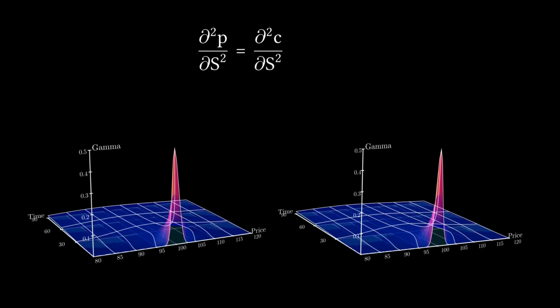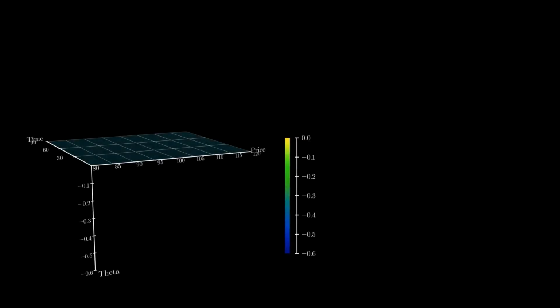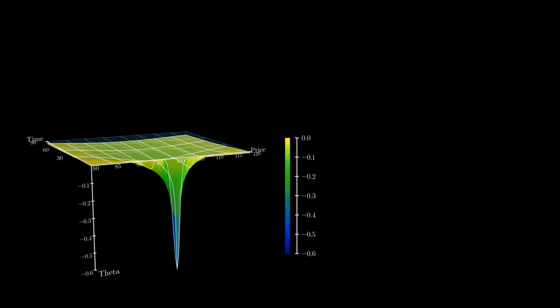Now gamma is not the only option Greek where we see calls and puts being equal to one another. Theta, for example, is a Greek which is mostly the same for both call and put options. Let's differentiate the put-call parity equation for a put option again, this time with respect to the time left until expiration.